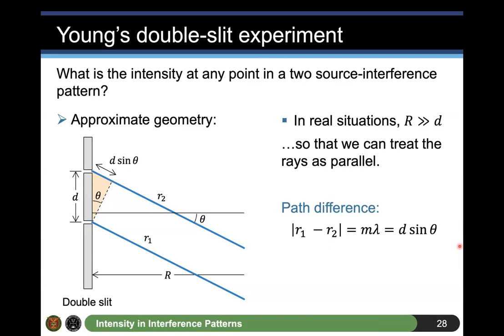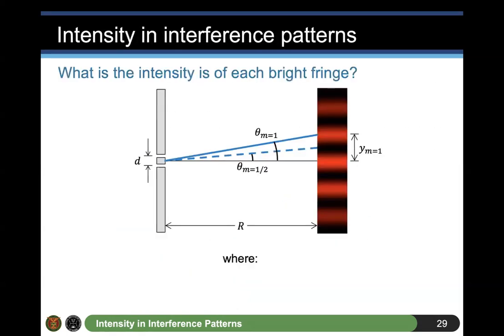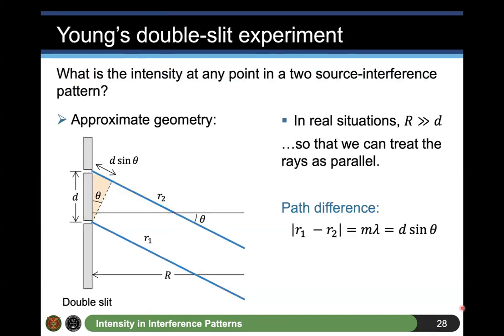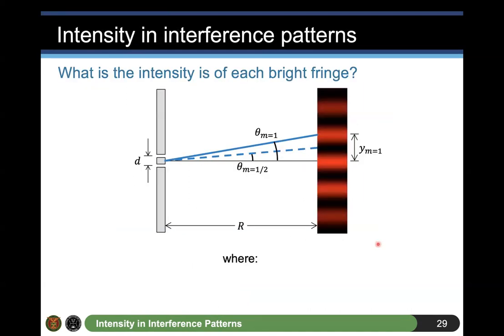And from that, we can now calculate the intensity of the bright fringes. Again, we are using the constructive condition, m lambda only, so we get the intensity of the bright fringes, or bright bands. Let's say those bright fringes are at location y sub m from the center of the viewing screen.